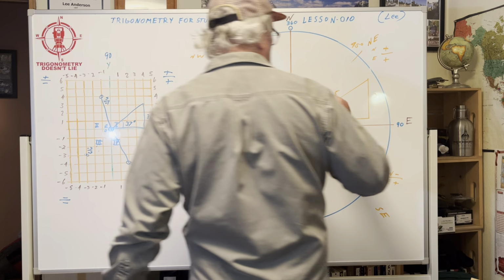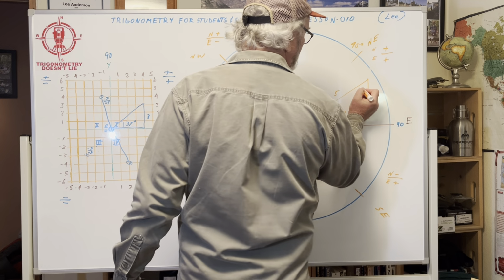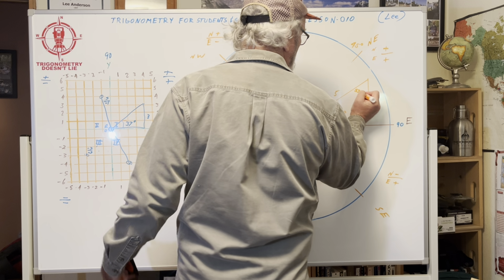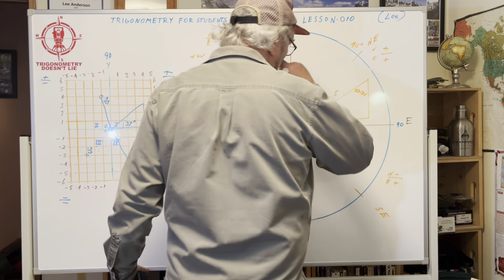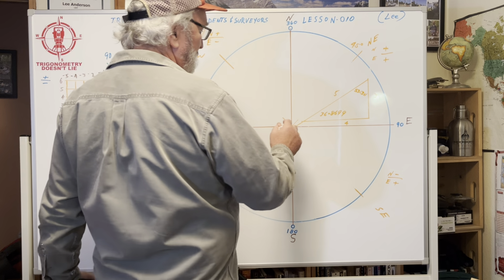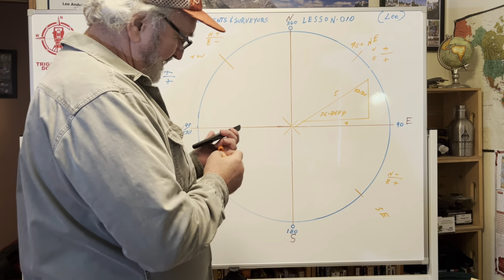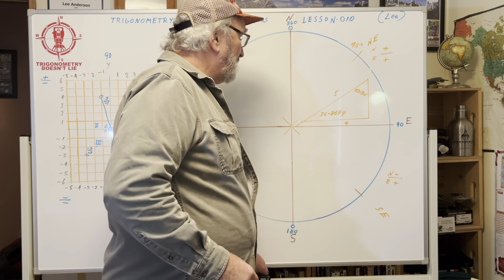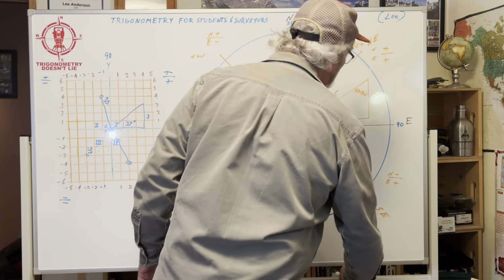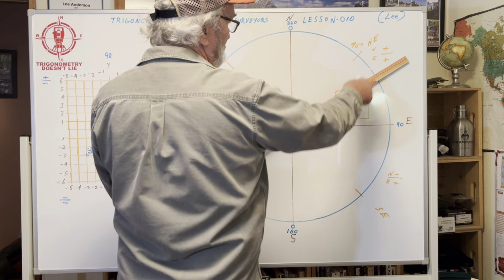That actually turns out to be this angle here. That also happens to turn out to be the real bearing here. And why is that? Well, because we're coming down from the top. And I don't have my scale on here, but that's what that would be, 53 degrees from there.